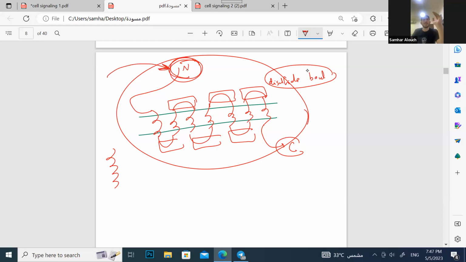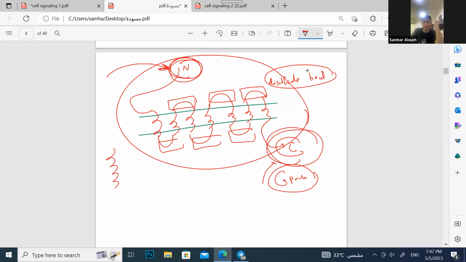And as I said, it's a receptor that has a G protein attached to it. So the G protein must be attached to this receptor. Where does it attach? It attaches at the C terminal. So here we have the G protein attached to the C terminal. Okay, so this is the structure: 7 helicals, N terminal outside, which is the ligand binding site, and the C terminal is inside, and it's the G protein binding site.